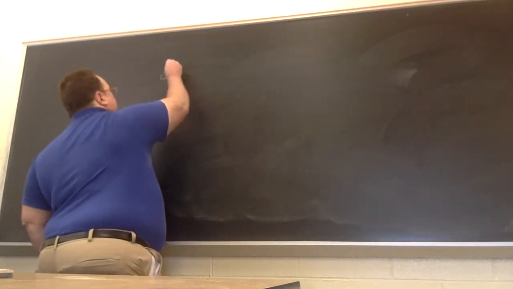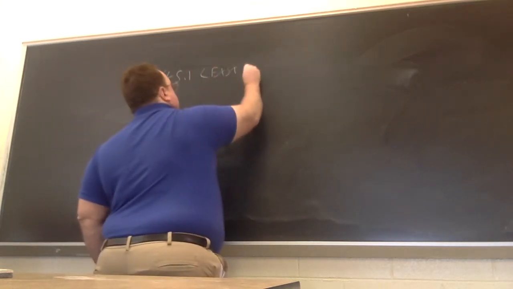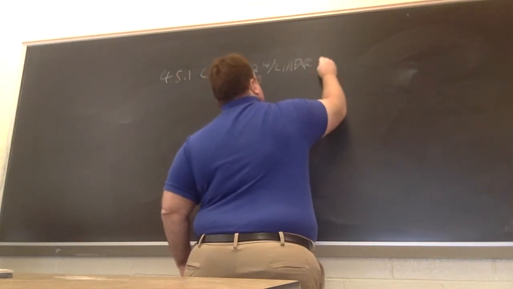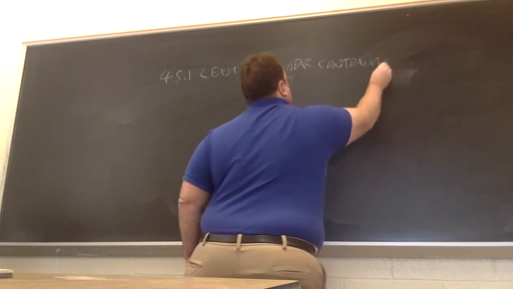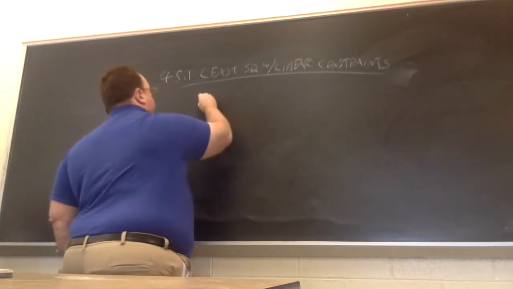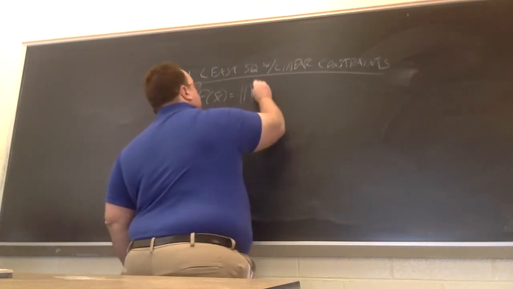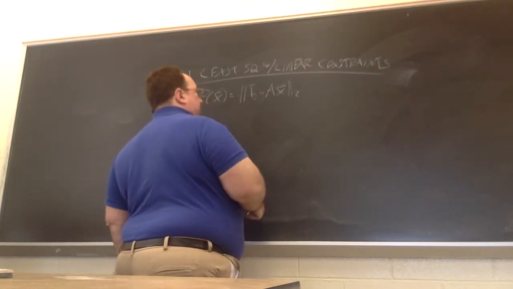So, this is section 4.5.1 in the book: least squares with linear constraints. For this case, the function f that we're trying to minimize is the 2-norm of b minus Ax from least squares problems.